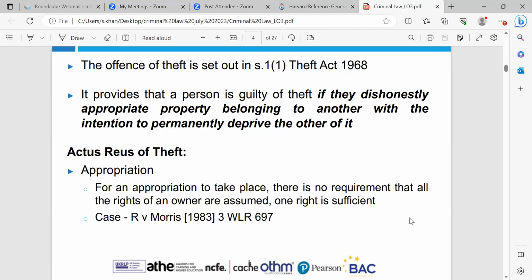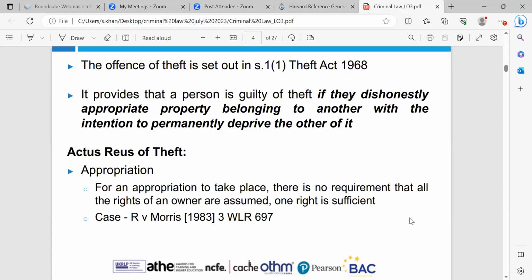The issue identified in this case was that Section 1 of the Theft Act defines theft as dishonestly appropriating the property of another with intention to permanently deprive. Section 3 of the Act defines appropriation as an assumption by a person of the rights of an owner. The defendants argued that switching labels on the products and paying a lower price did not amount to appropriation.